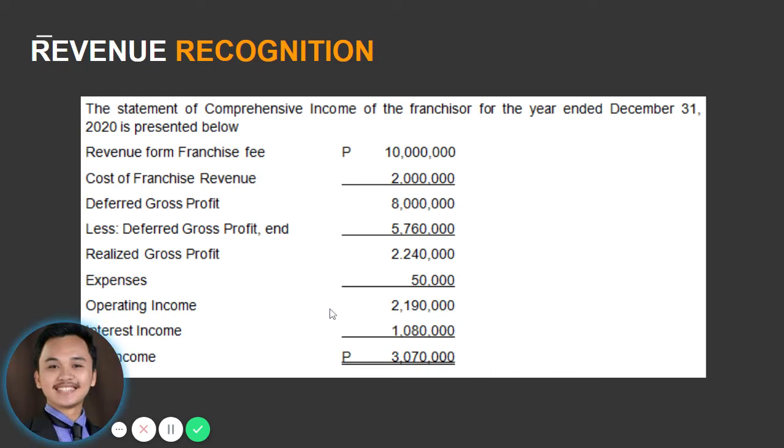So we have an operating income of 2,190,000 plus your interest income of 1,080,000. So therefore, your total net income for this year will be 3,070,000. Okay? Your net income under installment basis will be 3,070,000.